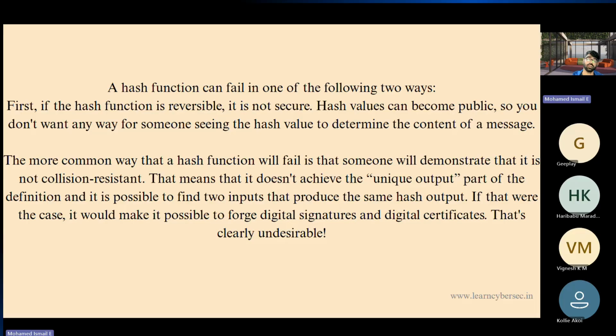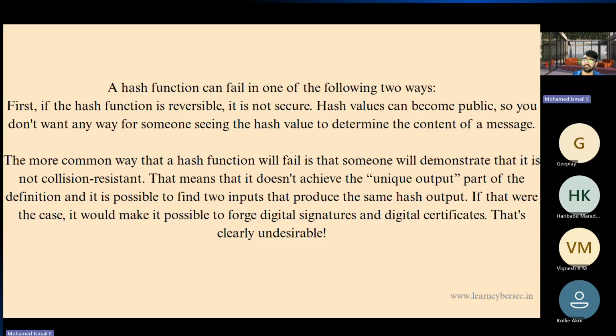Instead, what happened here? Two different inputs, but the same outcome came. That is not meeting the collision resistance requirement. Hash must be collision resistant. So if either of these two criteria is met, then the hash algorithm is weaker.